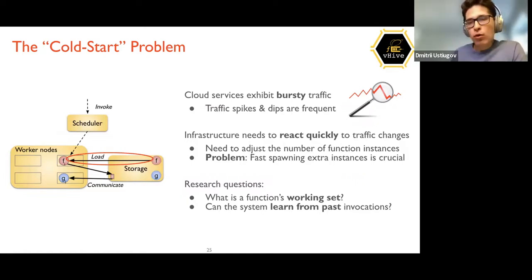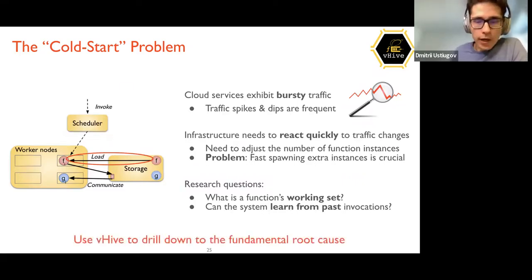And we'll look at the problem from the data movement perspective and ask the following question: what fraction of data is actually necessary to move to start a function and let it run quickly? Also, if it's common for functions to experience cold starts, can we learn something from past invocations to accelerate future ones?